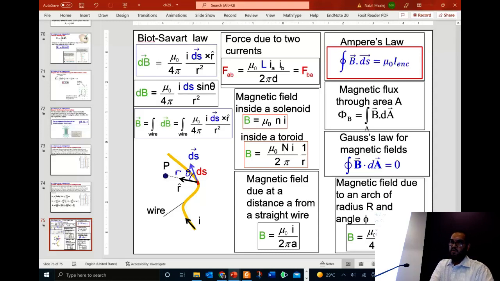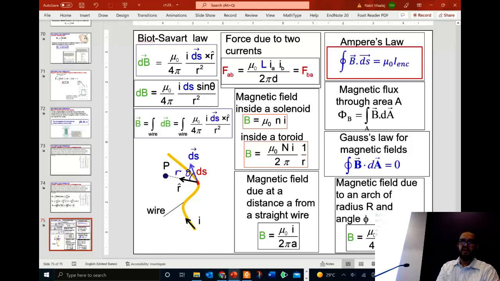If we have a non-uniform magnetic field and a wire that is not straight, we can do the integral. The total magnetic field is the integral over the whole length of the wire of mu0 over 4 pi I ds cross r hat divided by r squared.